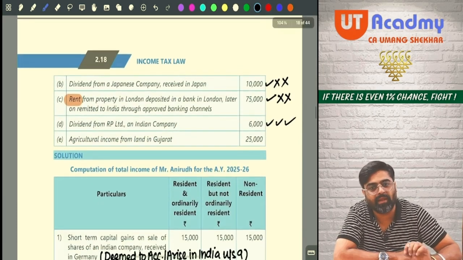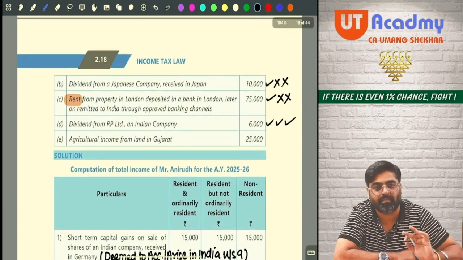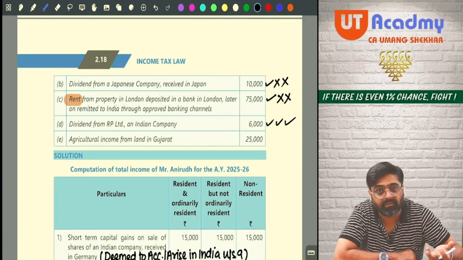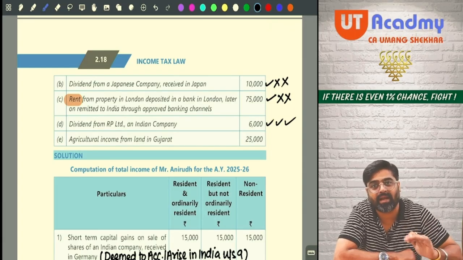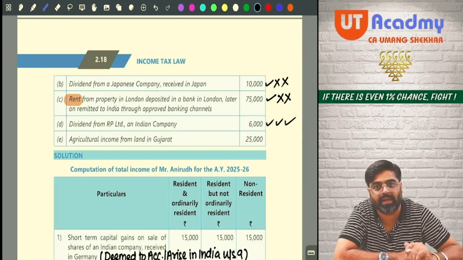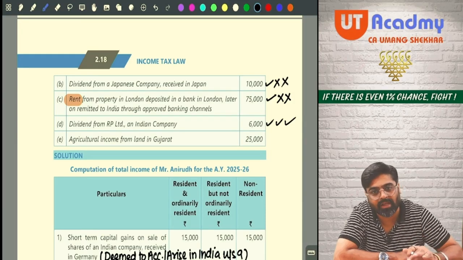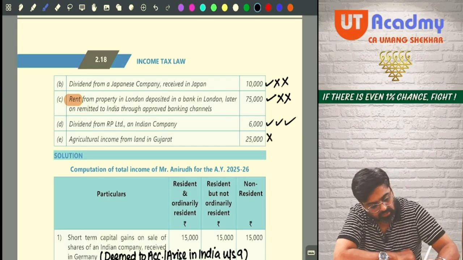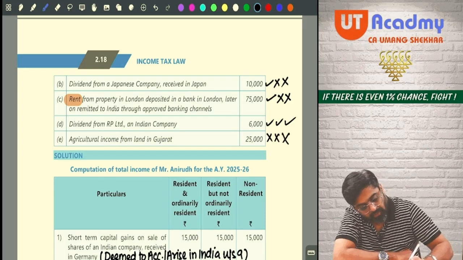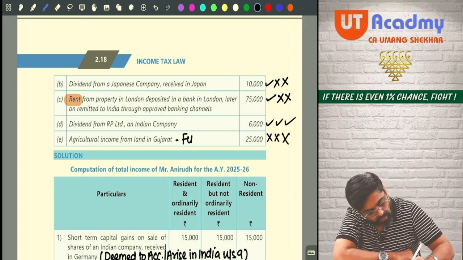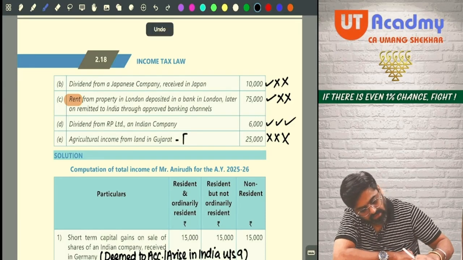I told you that if you earn any agricultural income from a land which is situated in India, is that agricultural income taxable or fully exempt? Fully exempt. Exempt for all, no? So ROR also not taxable, RNOR also not taxable, NR also not taxable. Cross, cross, cross. Why? Because this is fully exempt under section 10(1).